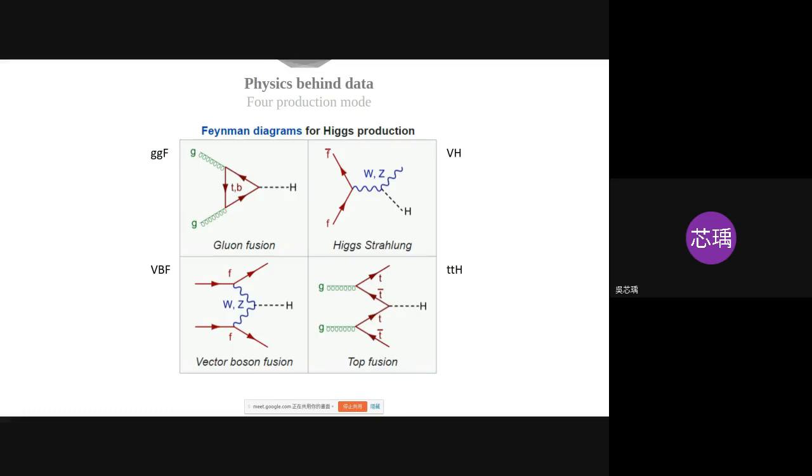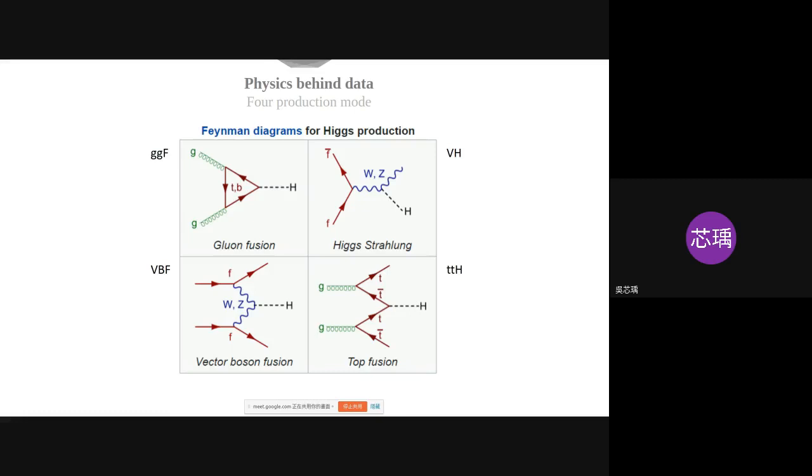BBF is that when two fermions collide and the two exchange a virtual W or Z boson which emits a Higgs boson. And finally, TTH involves two colliding gluons which each decay into a heavy quark-antiquark pair. A quark and antiquark from each pair can combine to form a Higgs particle.